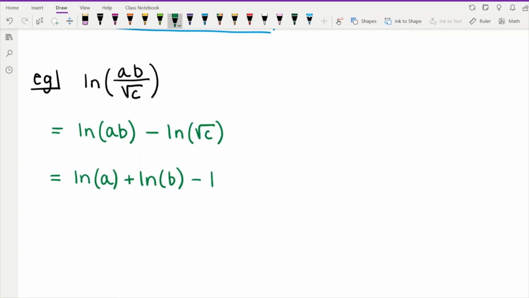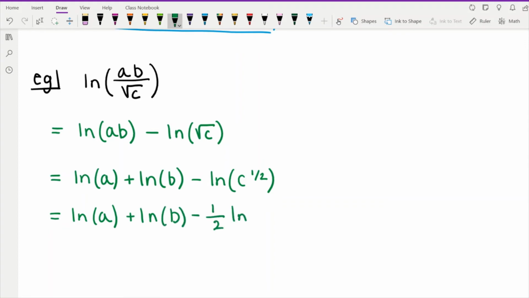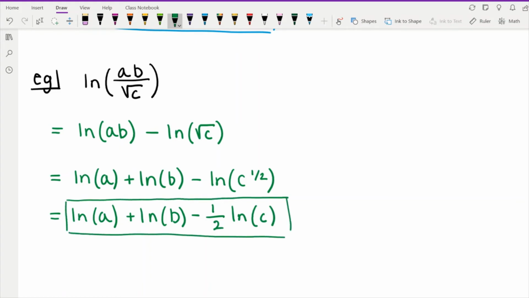Well, remember that square root of C can be written as C to the 1/2. And so we can take that 1/2 and bring it down using that exponent rule. And so this would be our final answer. This is as much as we can break this down into its simplest pieces.